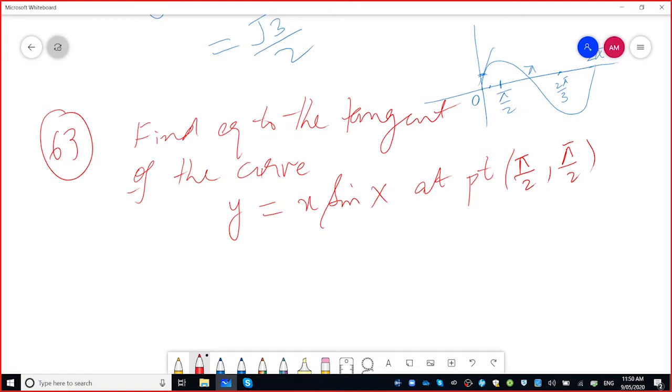And we have to find the equation of the tangent. First of all, what is a generic equation? y equals mx plus c. Good. And we will get this m from this equation. So let's find that m first. Kindly find the m and let me know.